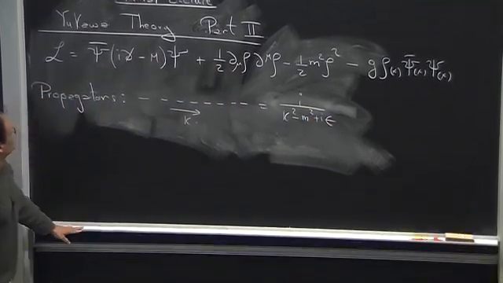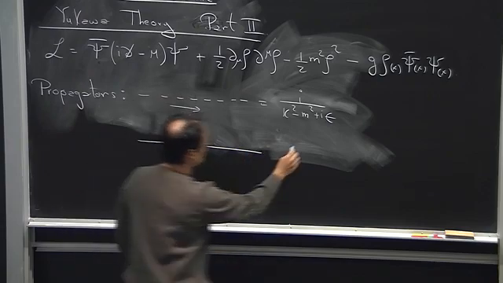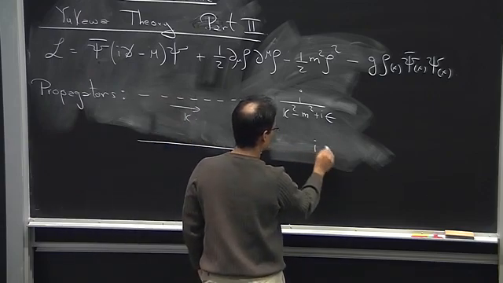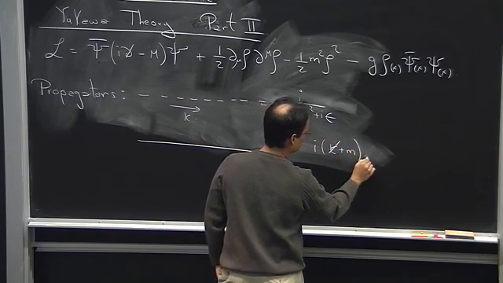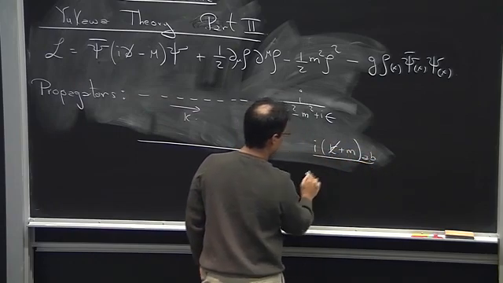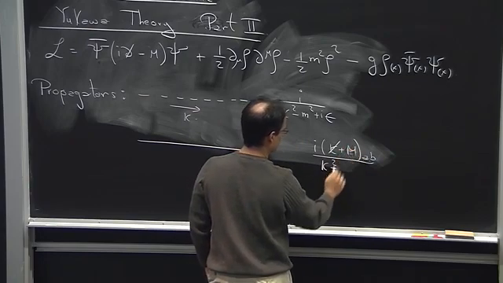Okay? Now we have a fancier object to describe our nucleons, and we have a propagator that looks like i (k slash plus M), with two indices a and b, over k squared. Sorry, this m is the capital M.